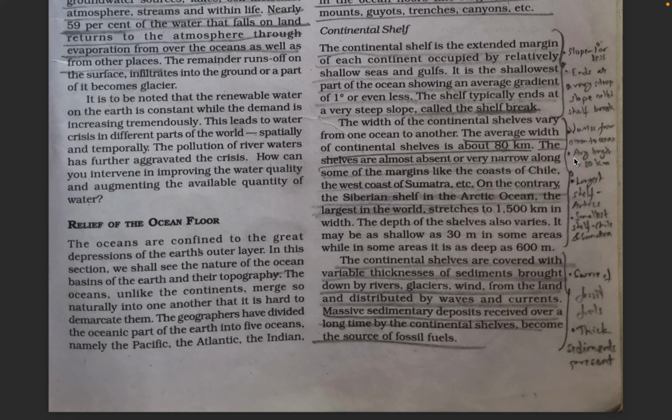For example, the Arctic shelf is the largest shelf, but the shelf around Chile and the south of Indonesia, that is Sumatra, is absent. They are the source of fossil fuel, and they have thick sediments present because of the outwash of the rivers in those areas.